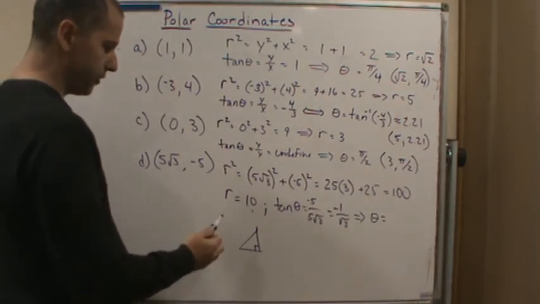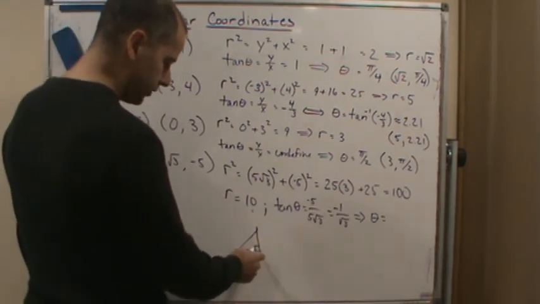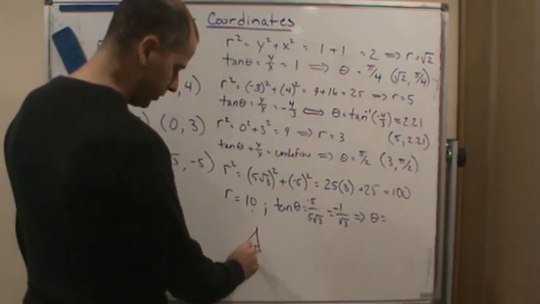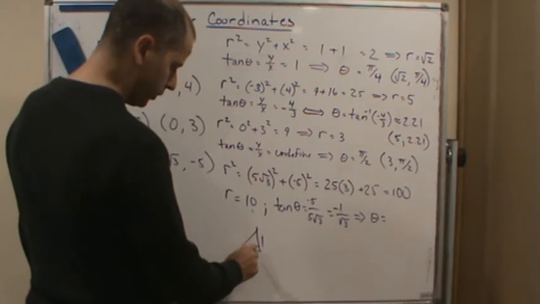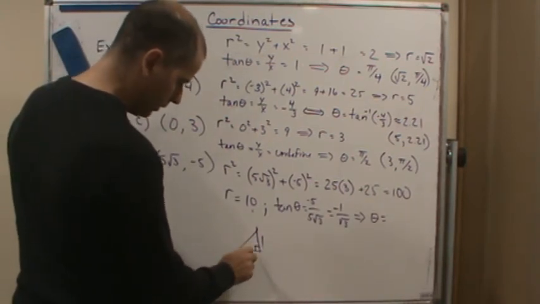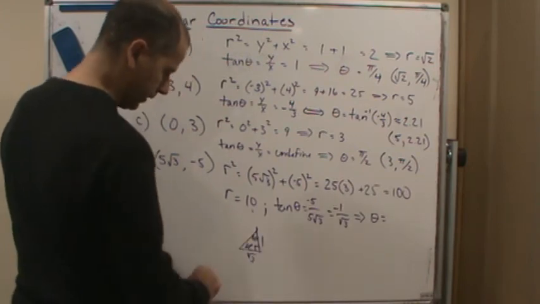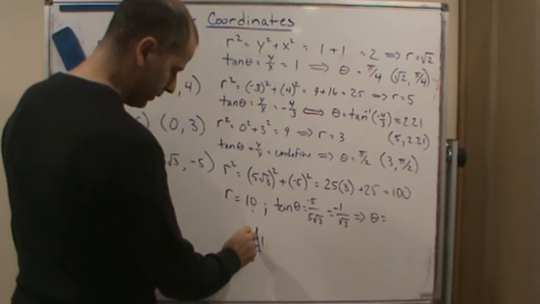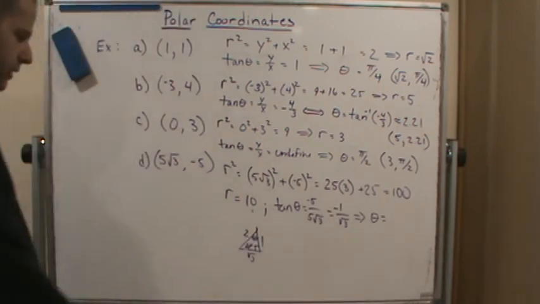So we know that's a 30, 60, 90 triangle. And so we know the opposite of this angle theta is 1 over the square root of 3, which means this is going to be 30 degrees and 60 degrees. And so this is going to be 2, right? So it's 30, 60, 90.